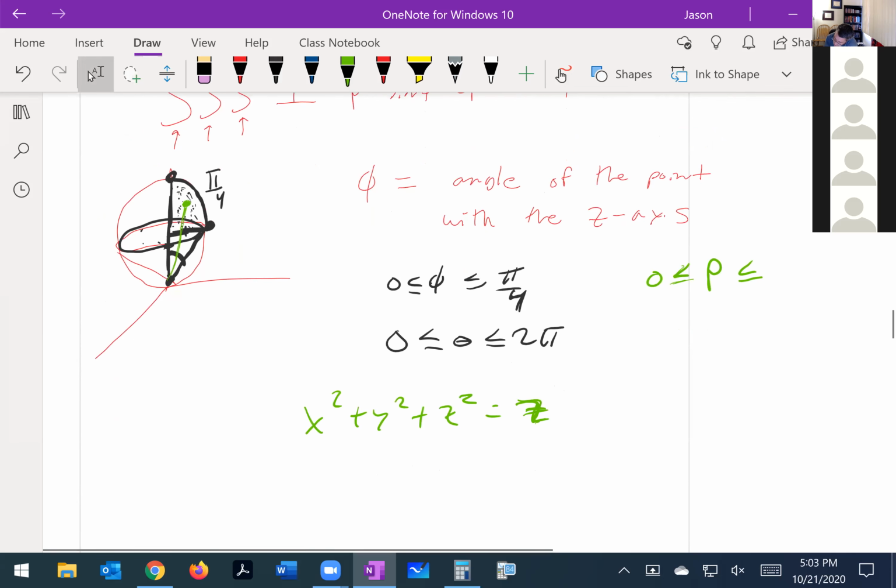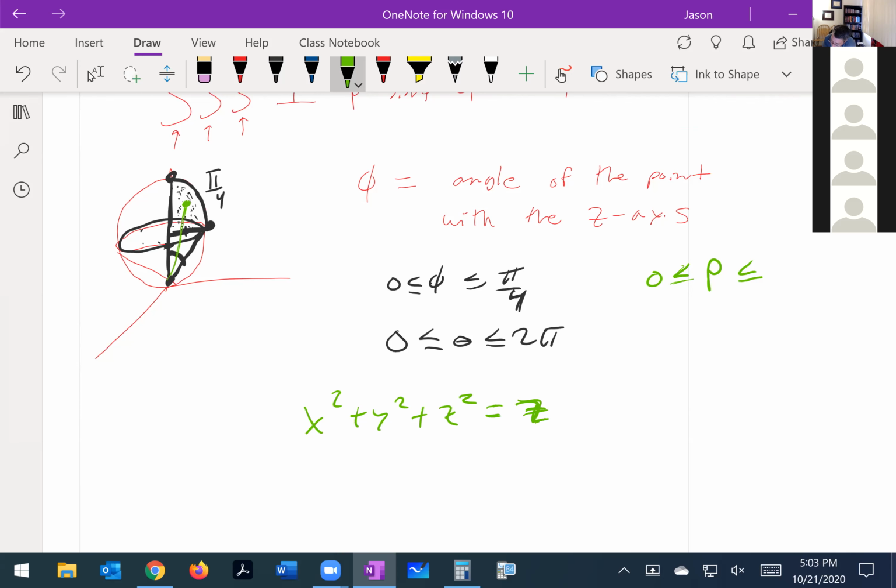Okay, so let's change this all to spherical coordinates.